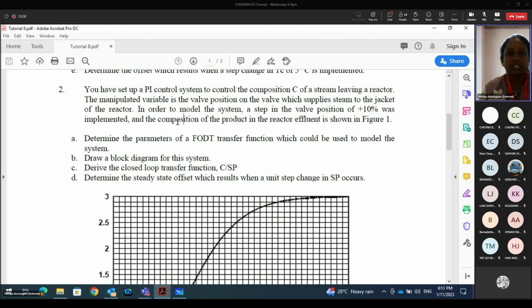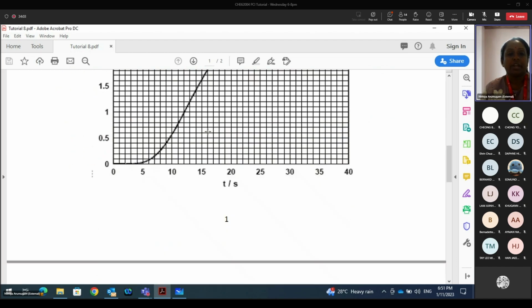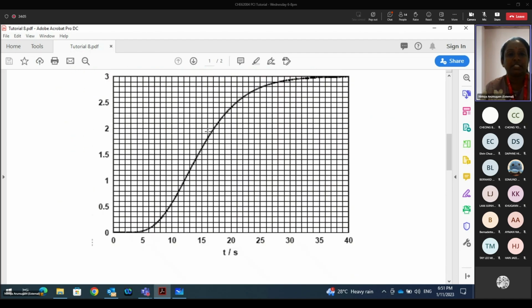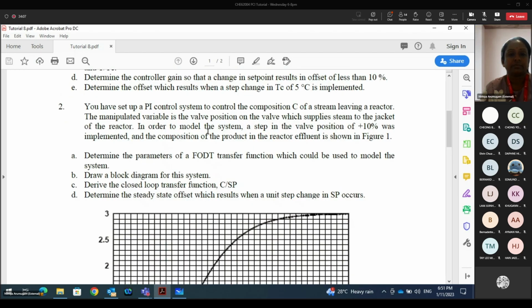In order to model the system, a step in the valve position of 10% was implemented and the composition of the product in the reactor effluent is shown in figure 1. The figure is shown here.